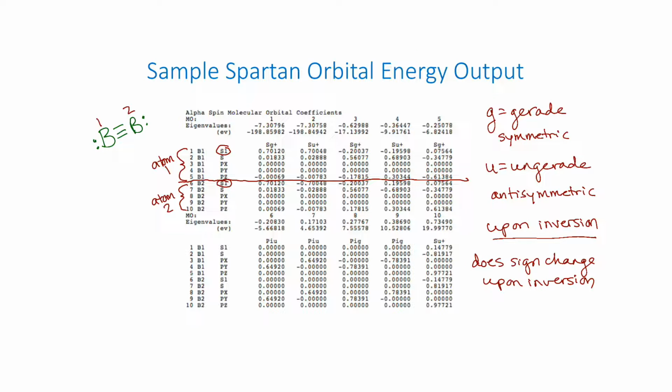Then we'll have another video working through a couple of example questions relating to using these outputs. So take a look at those if you like, but hopefully you found this one to be helpful in at least getting acquainted with how to use these Spartan output files.